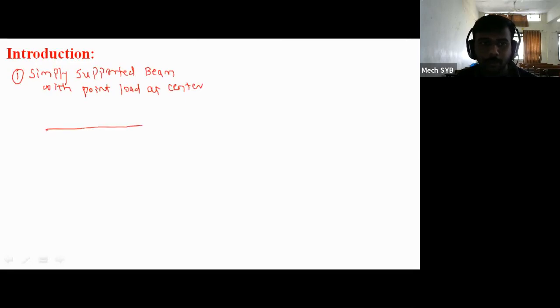This will be the simply supported beam, which is supported at the ends. This is point A, this is point B, and it is subjected to the point load of W. And this will be the length L. So this is the first standard case.